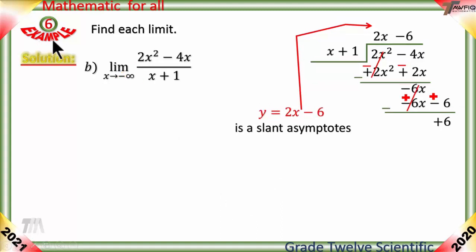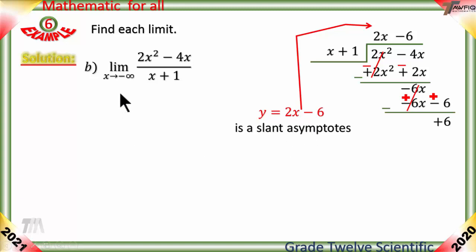Example number 6. Find each limit. B. Limit when x approaches negative infinity for 2x squared minus 4x plus 1 over x plus 1. We explained this one and found the slant asymptote.